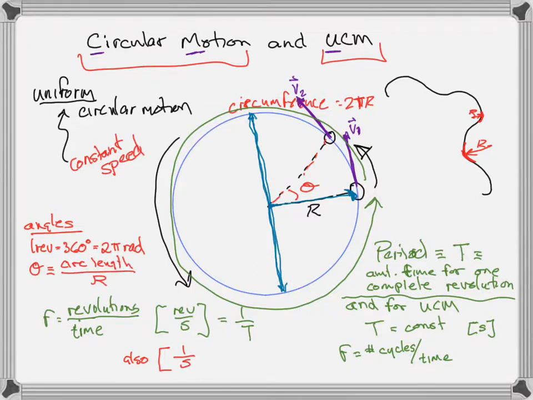Going back to the circle, for this angle theta, this arc length is S, and theta is defined as S over R. It's a ratio of 2 distances, so it has no units.